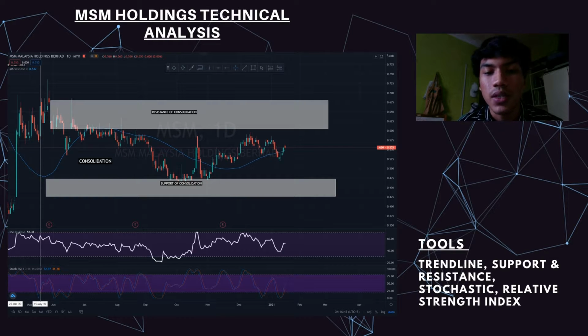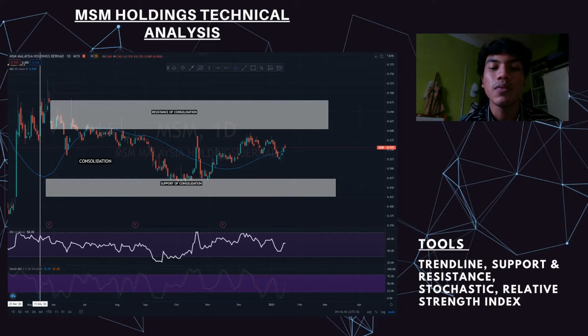Looking at the stochastic, it shows us that it just went into the oversold and now it's going up. The RSI shows us that it is at the 50% line, which means there is no bias on selling or buying.